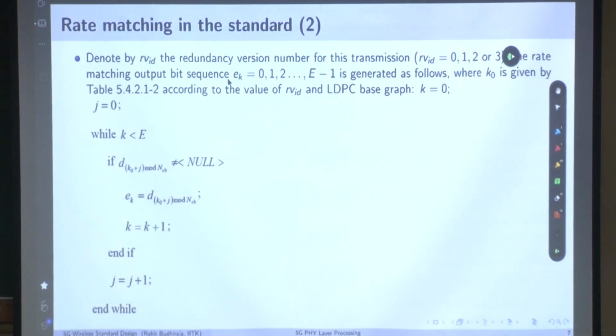Before we get into this, let me tell you one more thing: the job of the rate matching module is also to remove the filler bits, because filler bits are dummy bits and are not transmitted. Why were the filler bits added? Because we wanted the LDPC encoder to work. The LDPC encoder has done its job: it has taken in the encoder input with the filler bits and encoded it.